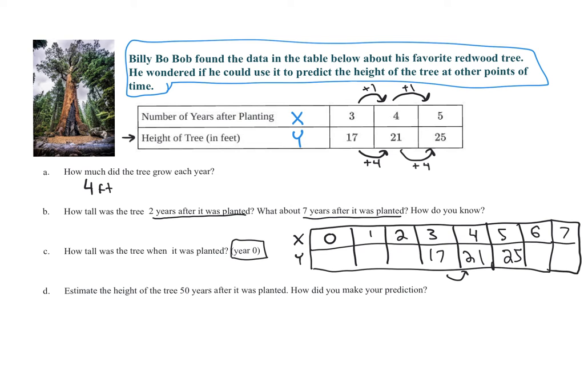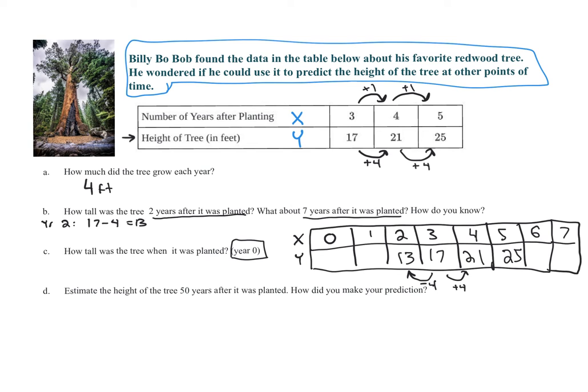And we know that our tree is growing 4 feet each year, which also means that since we see a growth of plus 4, if we want to move backwards, we have an arrow going the opposite way, we can just say, well, the previous year, it was 4 feet less. So for year 2, that's 17 minus 4, which equals 13.